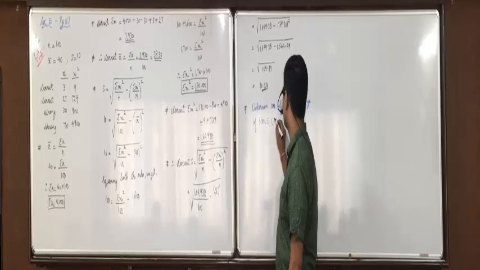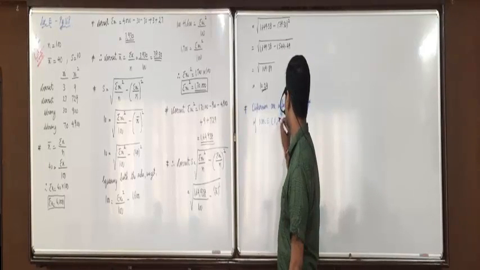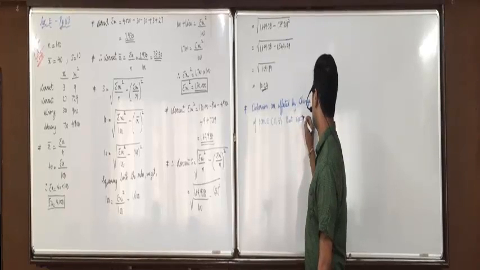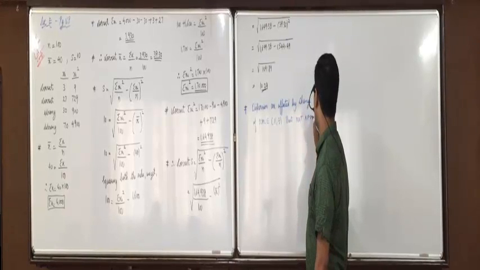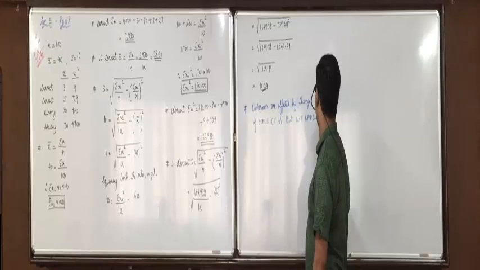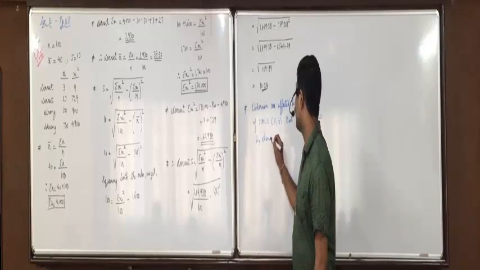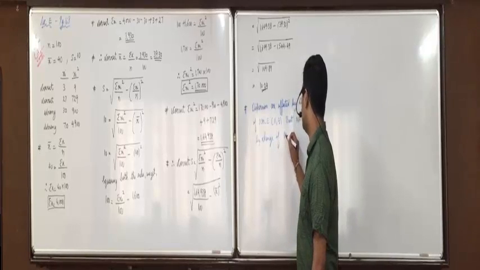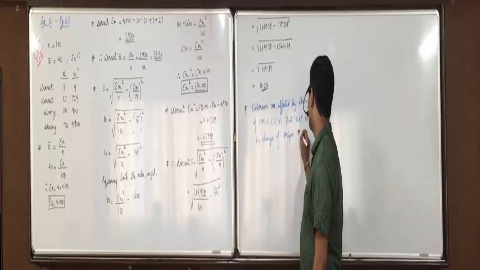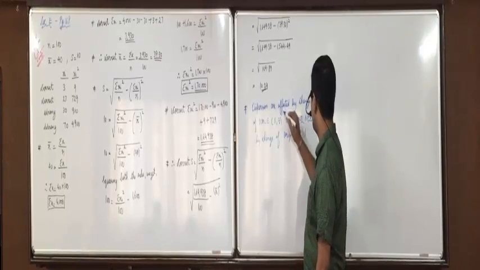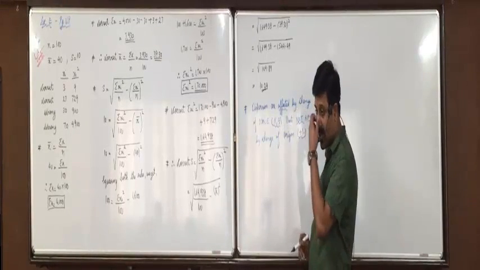Scale means multiplication, division, but not affected by change of origin. What do you mean by origin? Addition and subtraction. Not affected by plus and minus, they are affected only by multiplication and division.